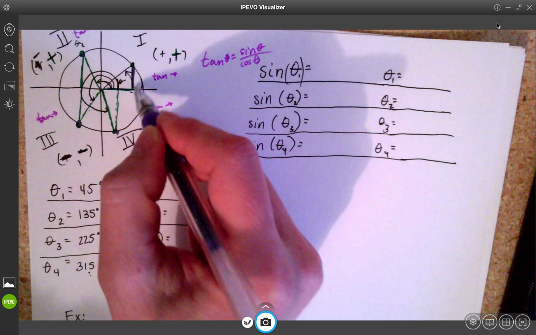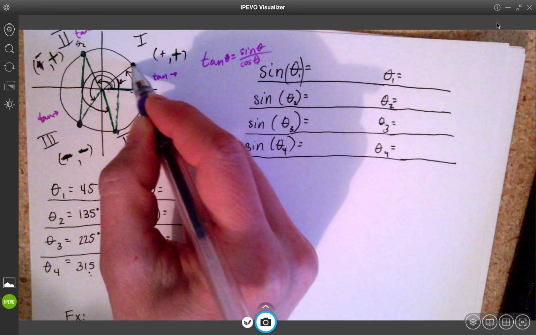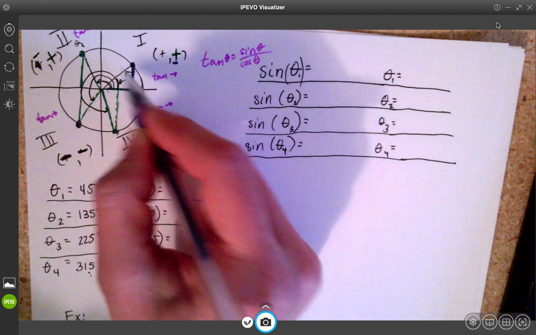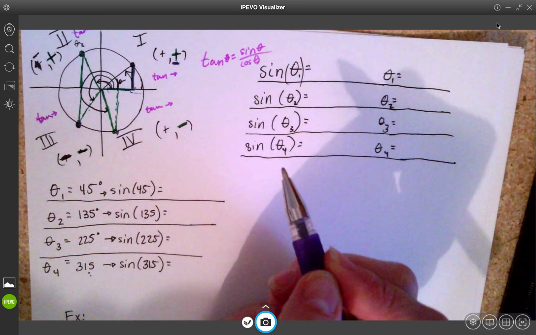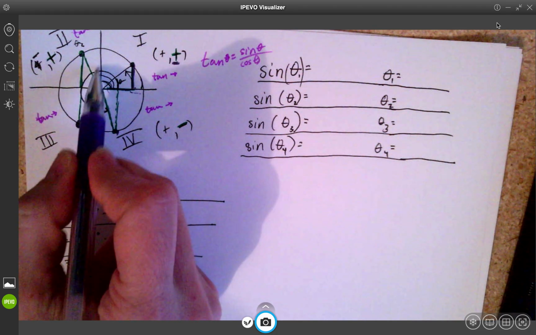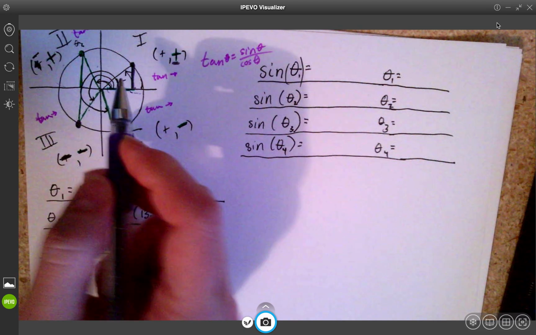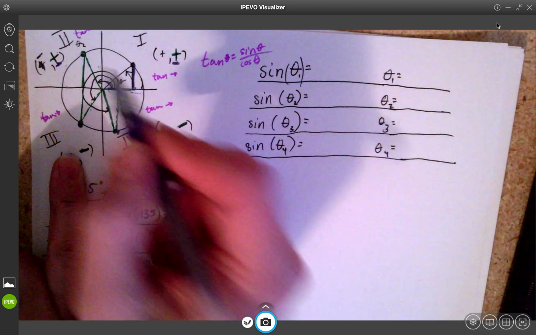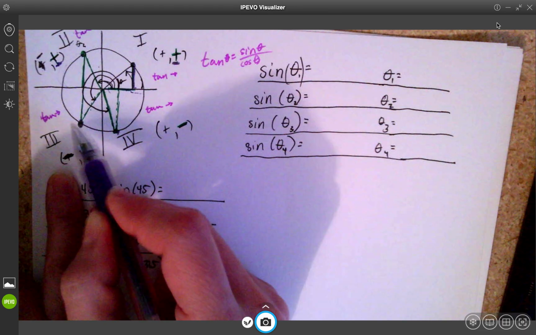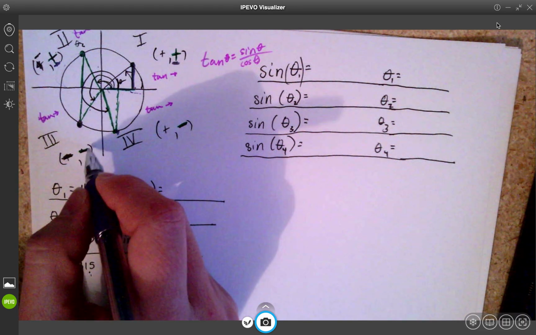So every time I'm looking at this point, the y's in this whole corner are going to be positive. And if I'm looking here in quadrant 2, the y's are always positive. And here, the y's are always negative.